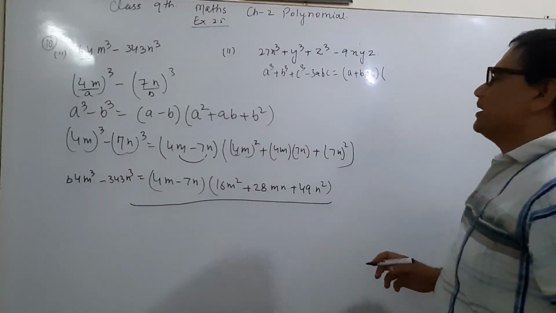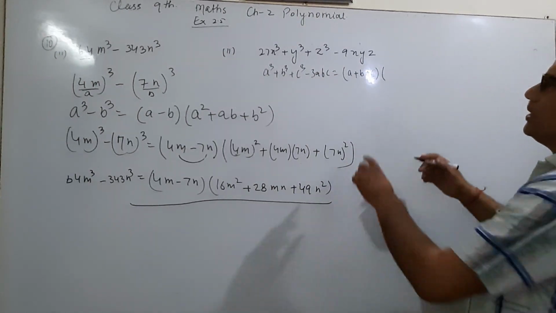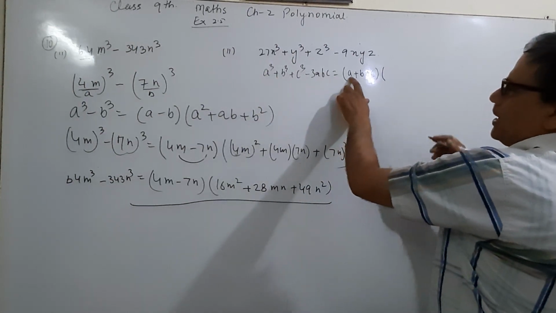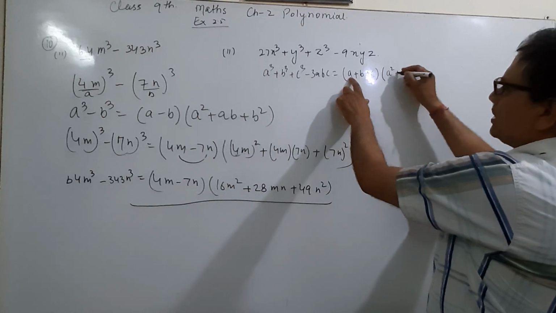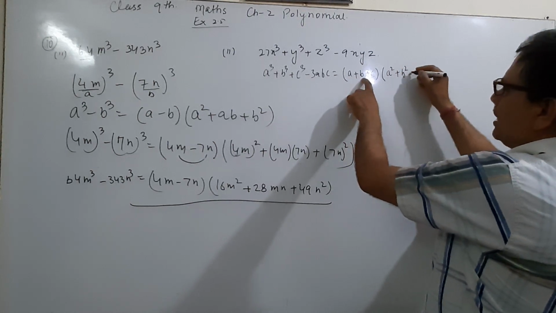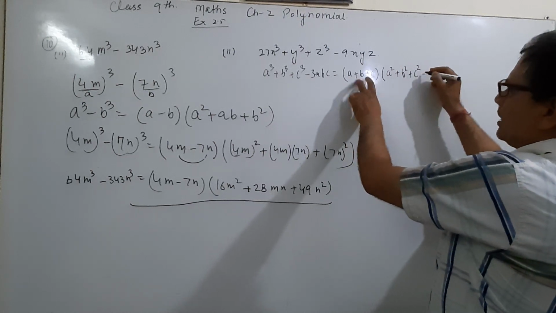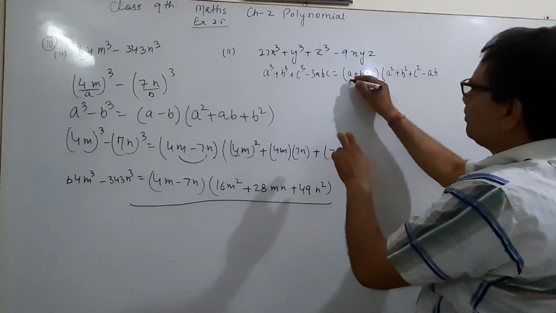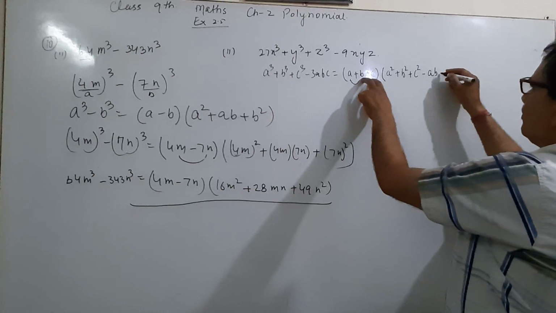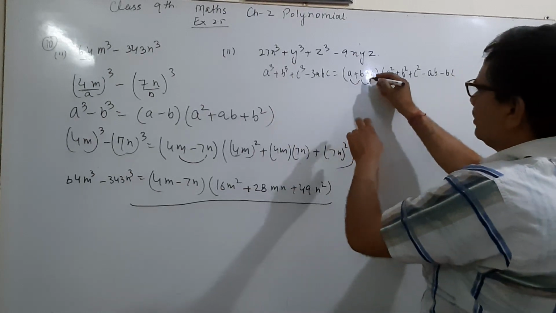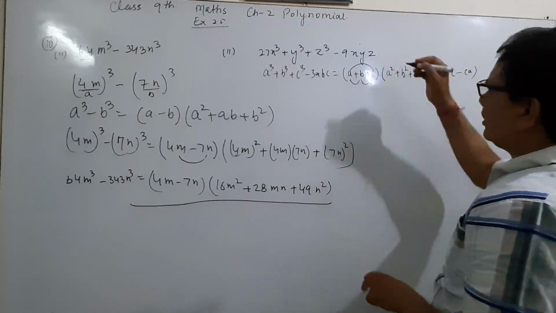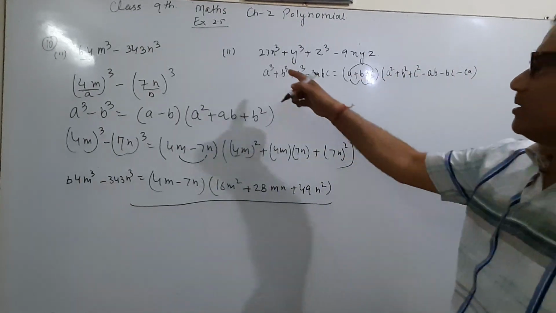We have to apply the identity: a cube plus b cube plus c cube, here is a plus b plus c, all are positive. That means a square plus b square plus c square minus a into b, minus b into c, minus c into a. Then you will get the answer.